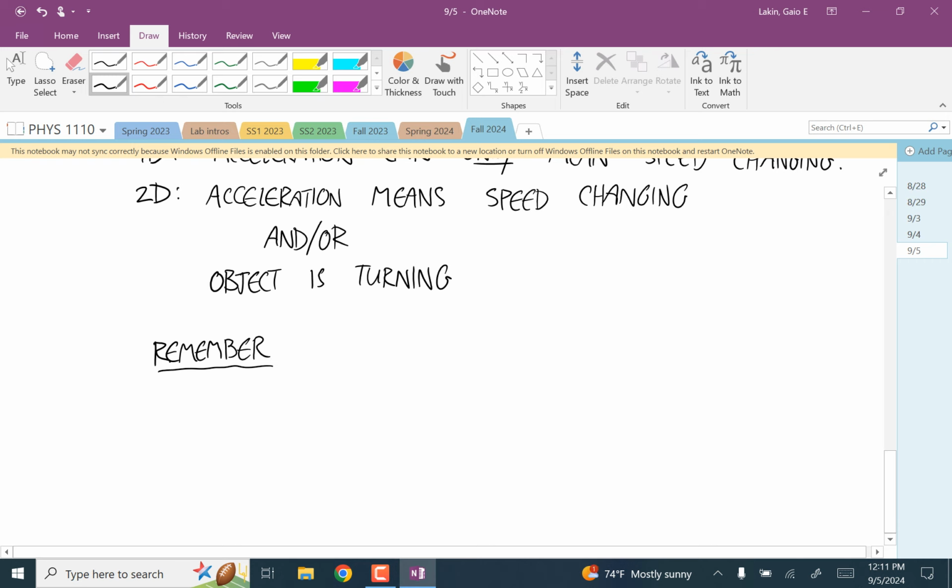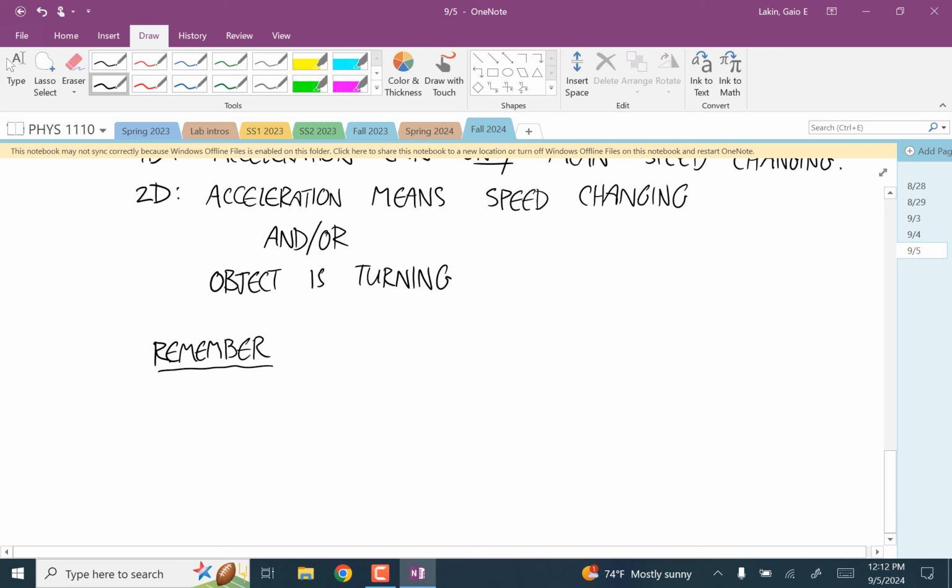If I asked you to guess, you would say acceleration is positive if it's speeding up, and if it's slowing down, acceleration must be negative. That is a perfectly reasonable guess, but that's not how it works.